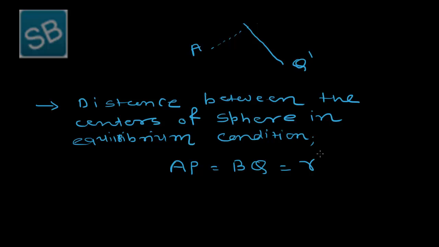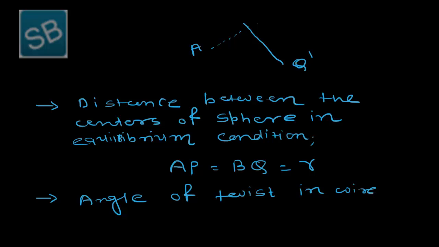And when the rod is rotating, there is a twist in the thin metallic wire. So the angle of twist in the wire I consider as theta.